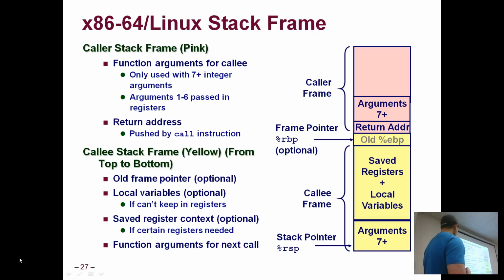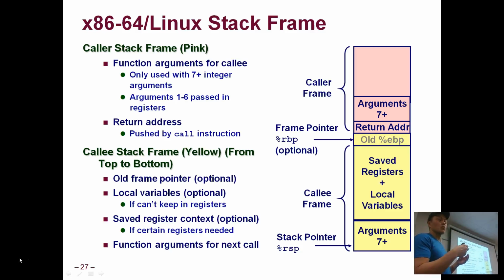Okay. So one of the things when you're the callee, you save the old frame pointer. You allocate space for local variables. So if I have an array of 16 integers, I actually have to update the stack pointer to move beyond this to allocate that space so that the function code itself can then use that space for whatever it needs to use it for. And this is if you can't keep those local variables in registers.